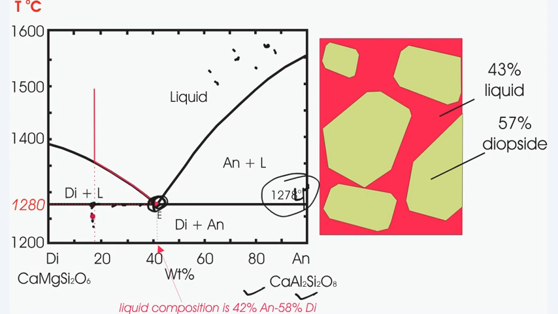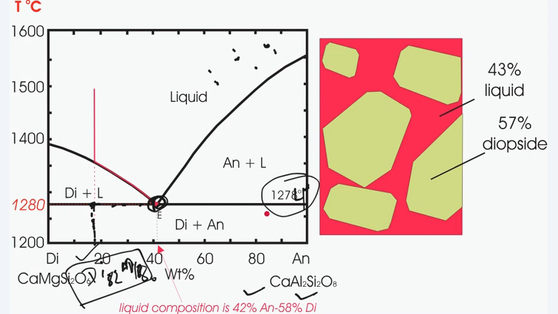When all will crystallize, you will get dioxide 82, anorthite 18. Amount of solid or percentage of solid: you have taken initially that much of liquid and you will get this much of solid. You can calculate this thing.